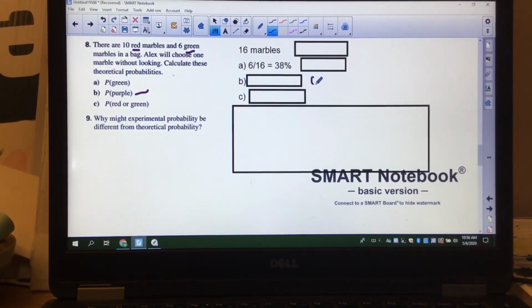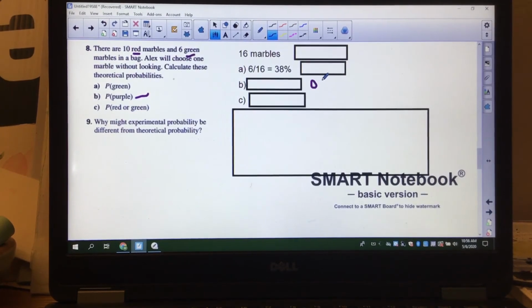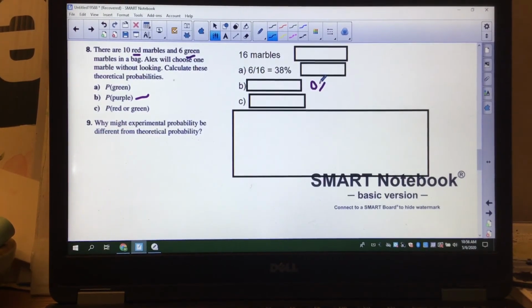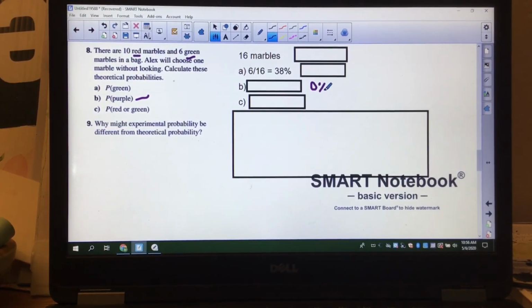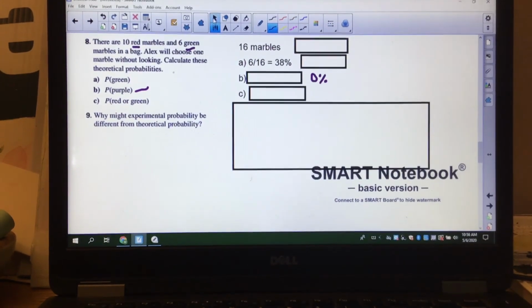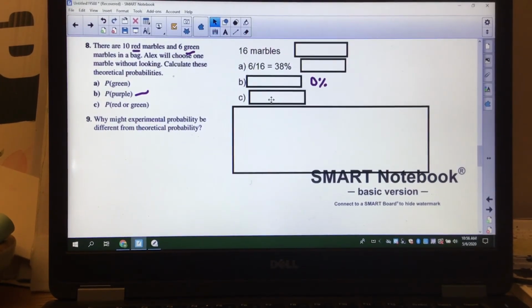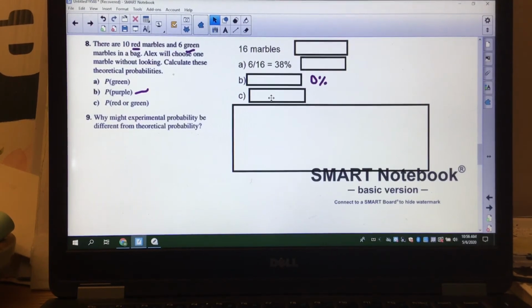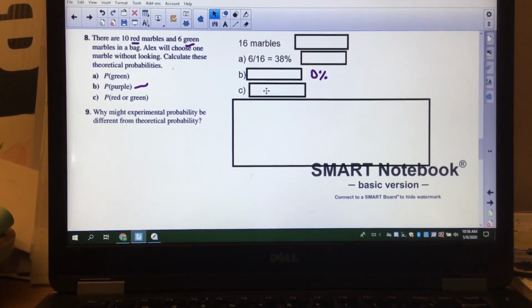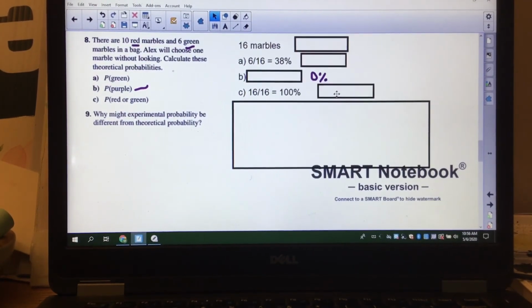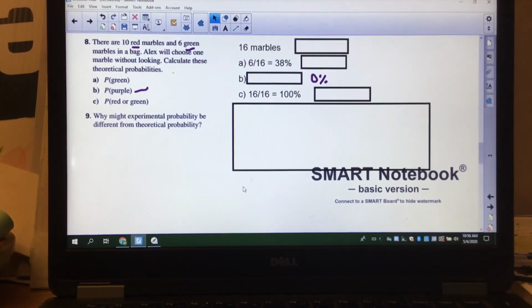Anytime we have something that doesn't appear, it is 0%. And finally, C, the probability of red or green. Well, they're all red or green, so it's 16 out of 16, which is 100%.